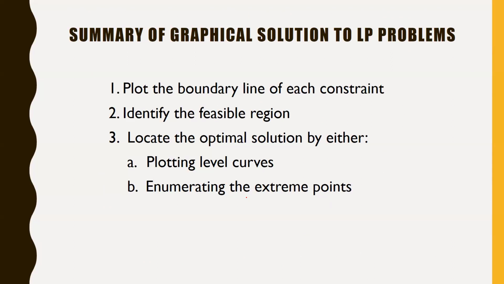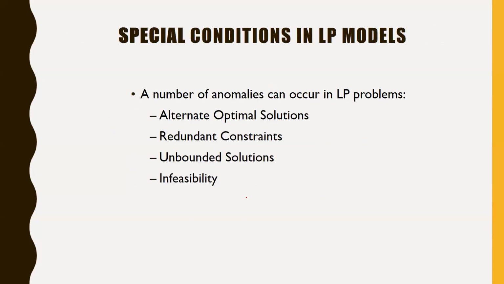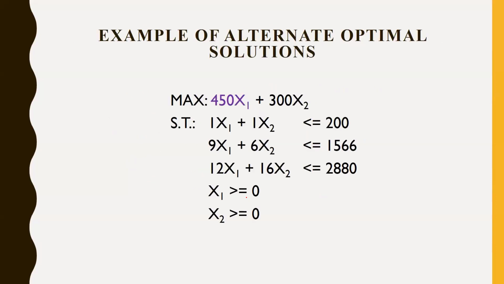And then you locate the optimal solution by plotting the level curve based on the objective function. But sometimes we have at least 4 special cases: alternative optimal solution, redundant constraint, unbounded solution, and infeasible. I will show you the first one.